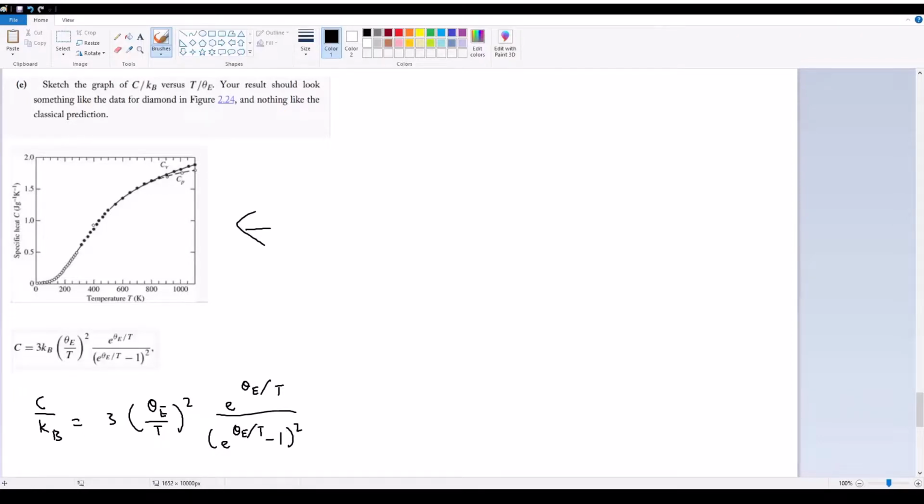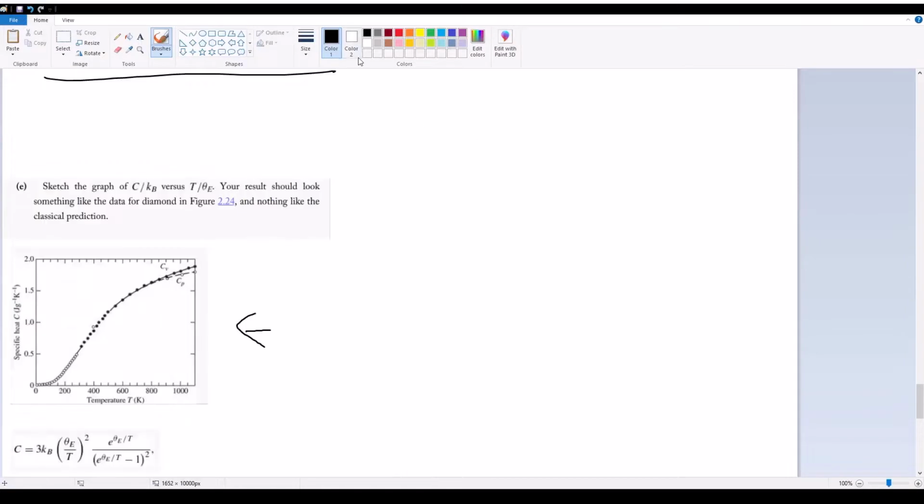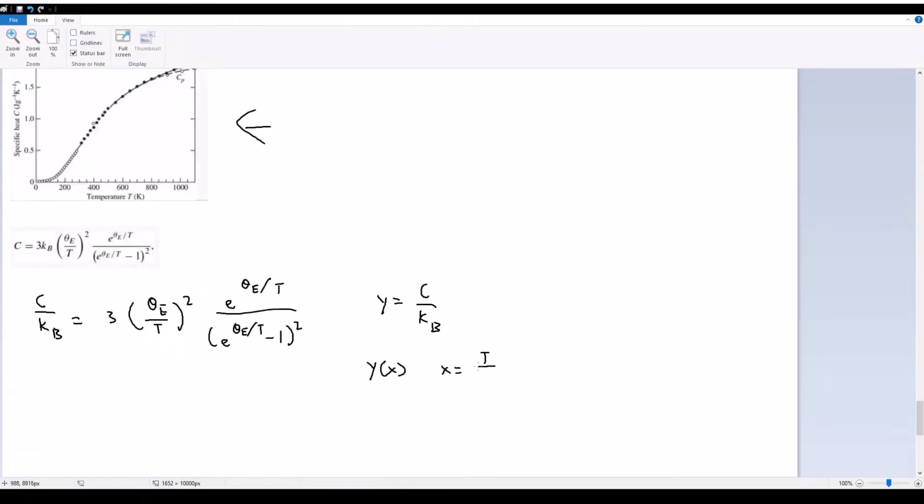And at this point, our x-axis is going to be T over theta E. So if we say that our y term is equal to C over kB, and we want y of x where x is equal to T over theta E, then our goal is to take this equation and convert it into the variable x form.